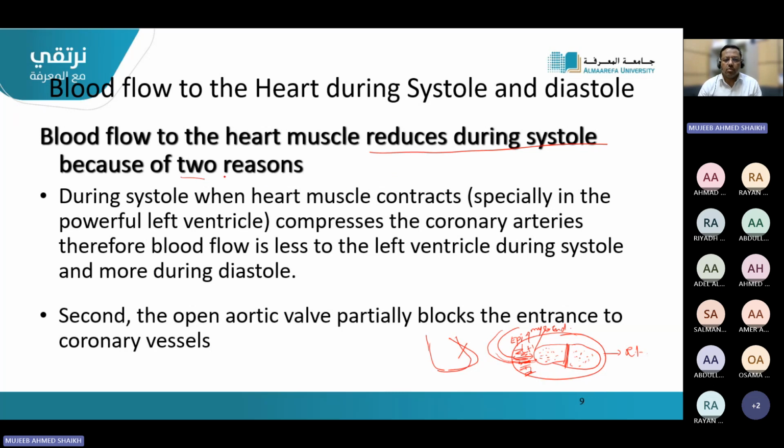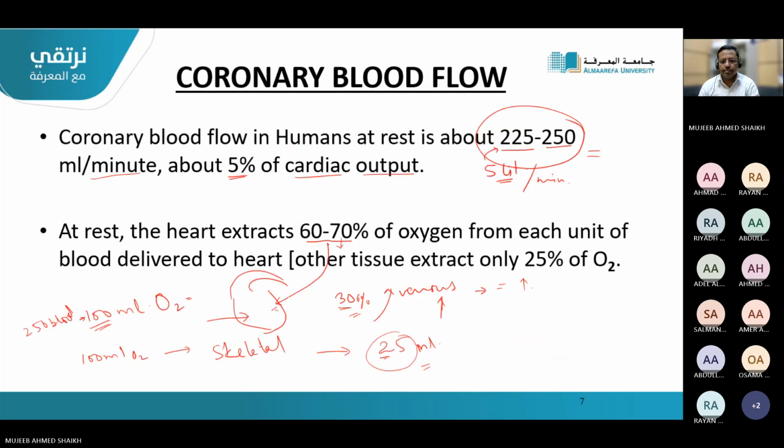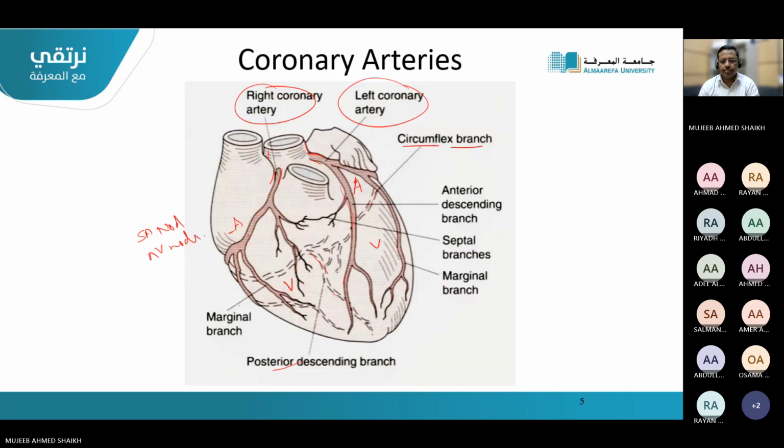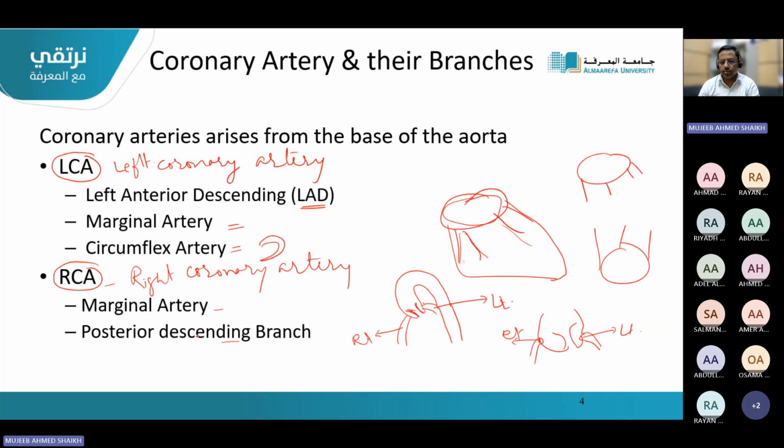What are the two reasons? One reason, as I told you, is that during systole there will be constriction around the vessel, leading to decreased blood flow. Second reason, if you remember my previous slide, the coronaries come from the aortic sinus, from the left and right side.